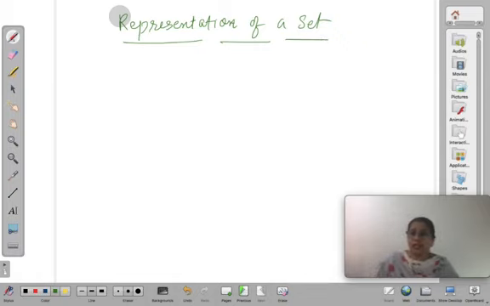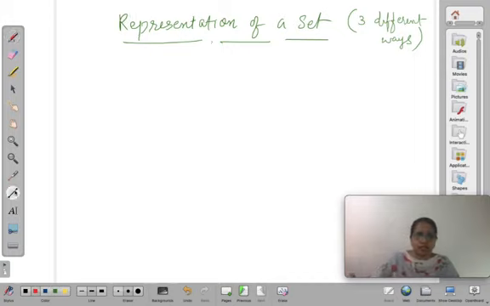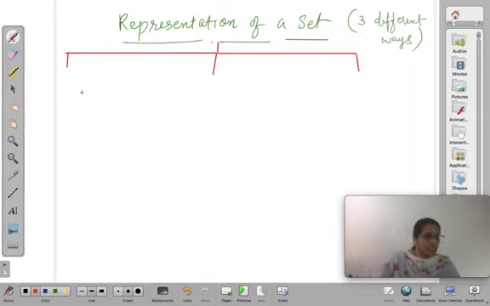Many sub-ways are there, but we are only taking three main ways to represent a set. Our first representation is the description method.